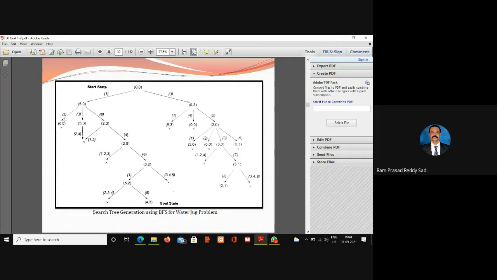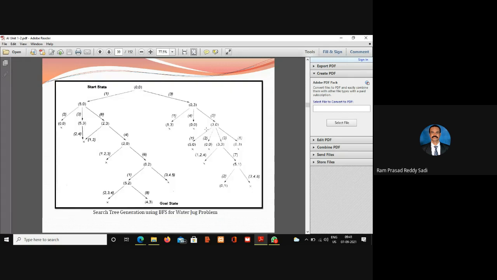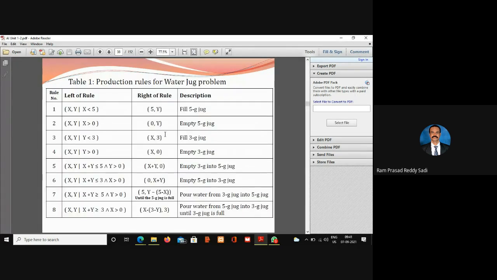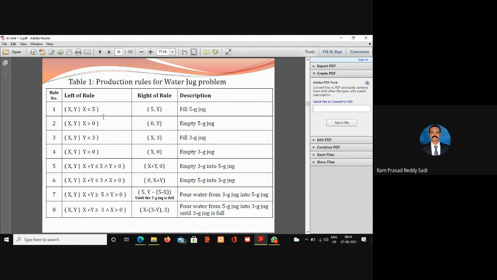On this, if I apply rule number 2, what is rule number 2? Emptying the jug. So the next state would be 00. On this, if I apply rule 3, what is rule 3? I'll have 3 gallons of water in the second jug. So the first jug will have 5 gallons of water, the second jug will have 3 gallons. If I apply rule number 8, what does rule number 8 say?